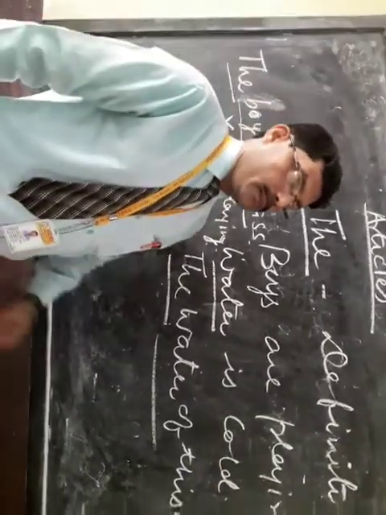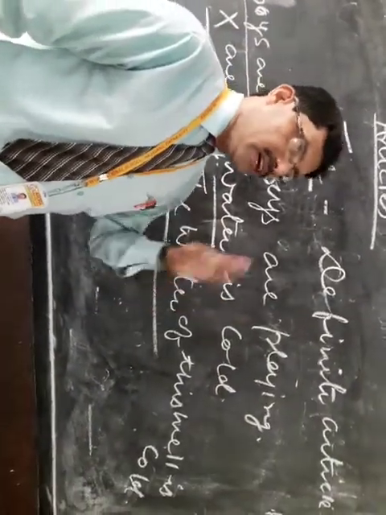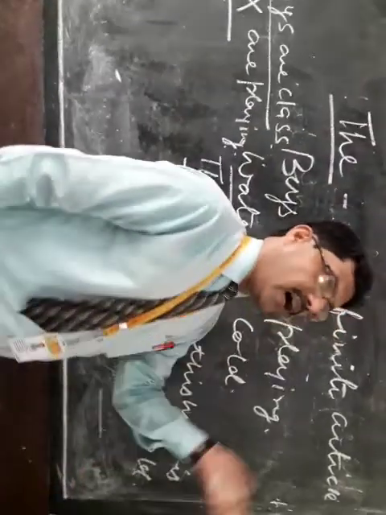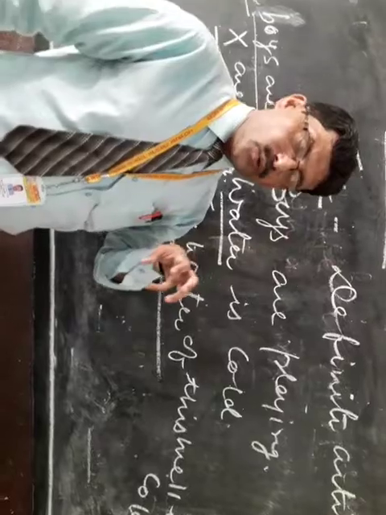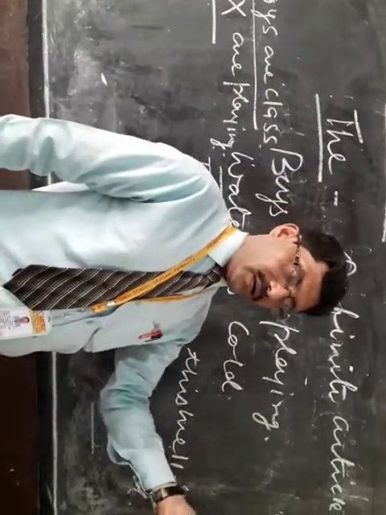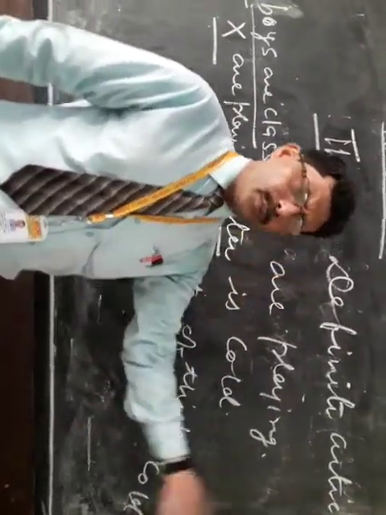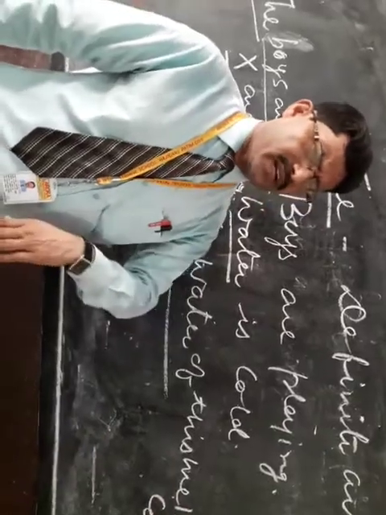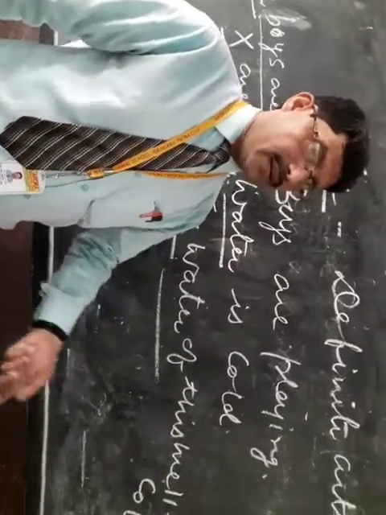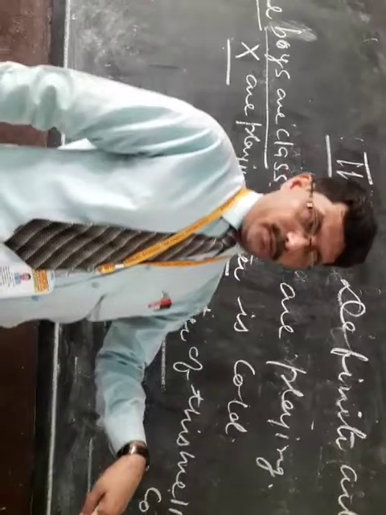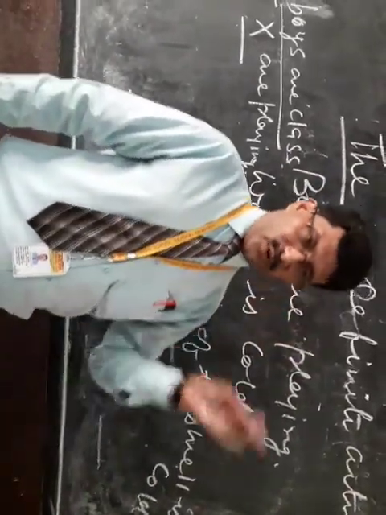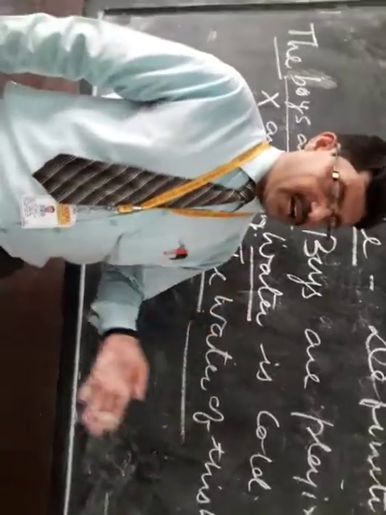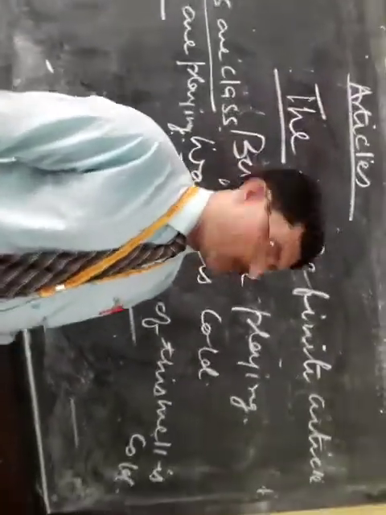One more thing, we do not use the definite article before plural nouns and uncountable nouns in a general sense. But if the same noun is used in a particular sense, be it plural, uncountable, or countable, any noun, we should use the before it.